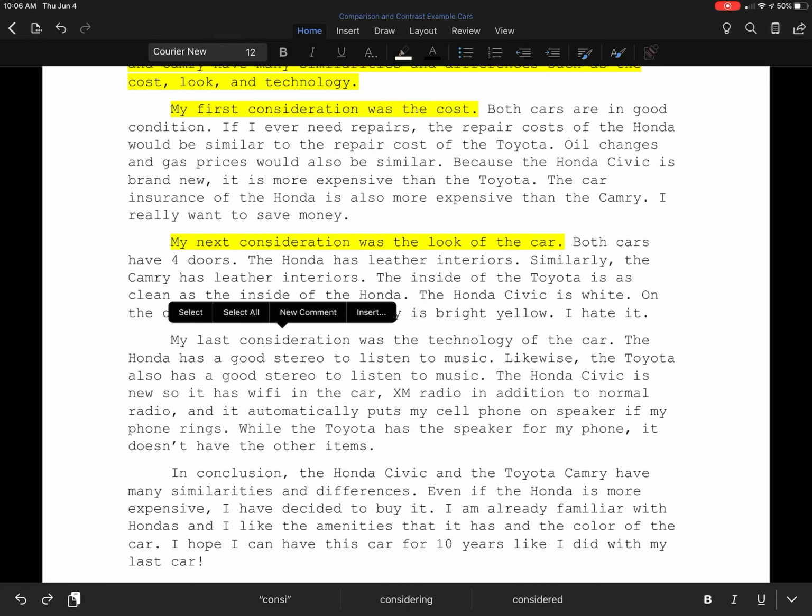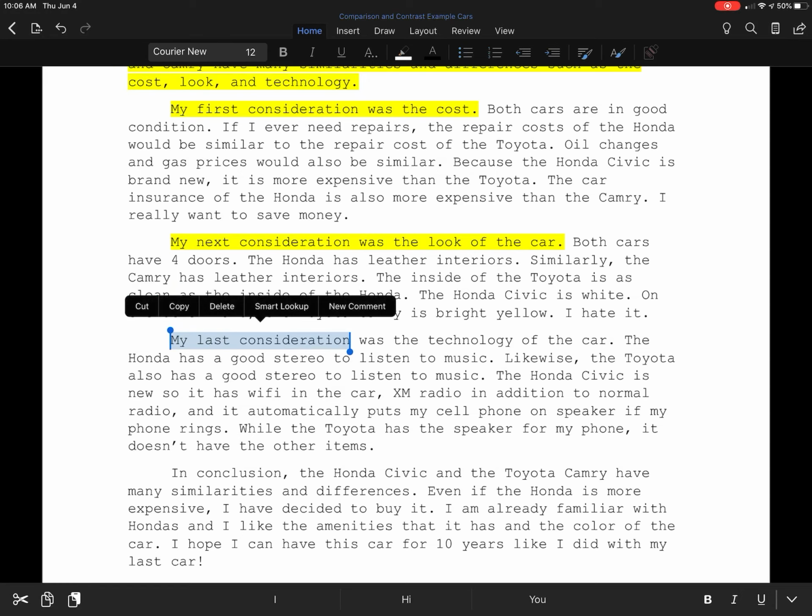Now I go to this third body paragraph, and here is my topic sentence. The last consideration is the technology. In this paragraph, I'm only going to compare and contrast the technology. Like the other 2 paragraphs, I start off with a similarity.